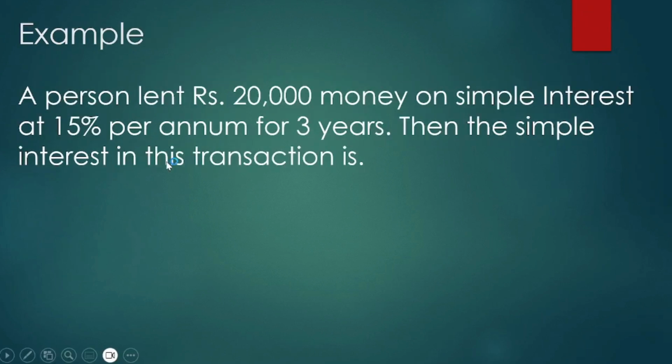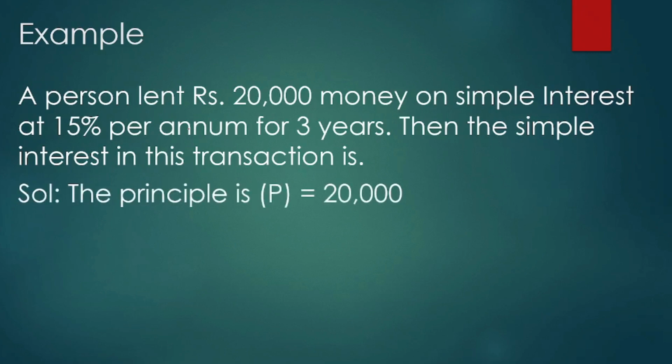In this example, a person lent 20,000 of money on simple interest at 15% per annum for 3 years. Then what is the simple interest in this transaction? The principal amount P, the money lent, is 20,000.